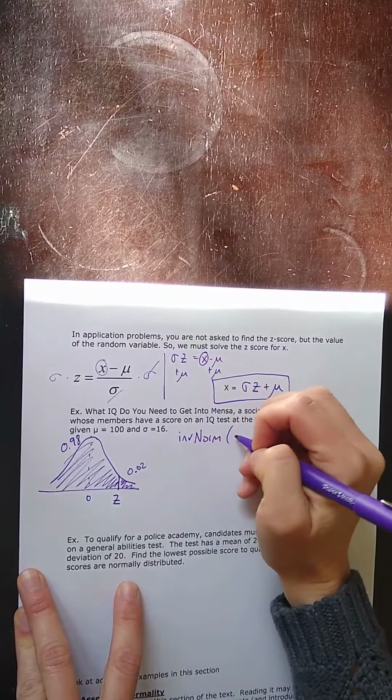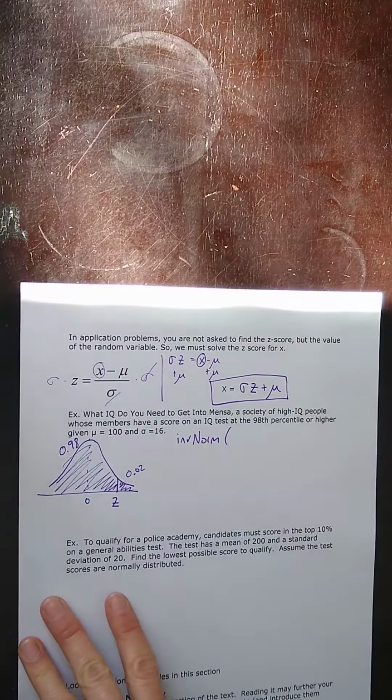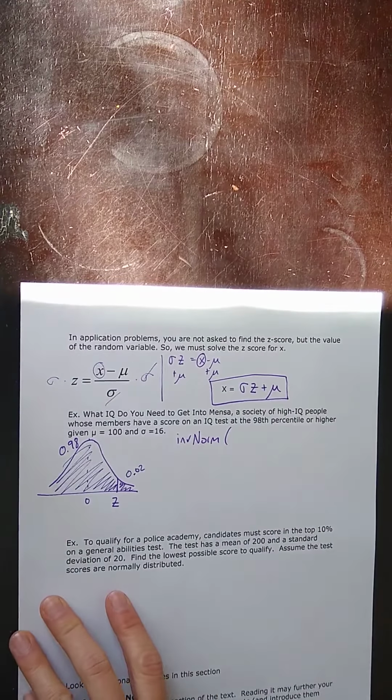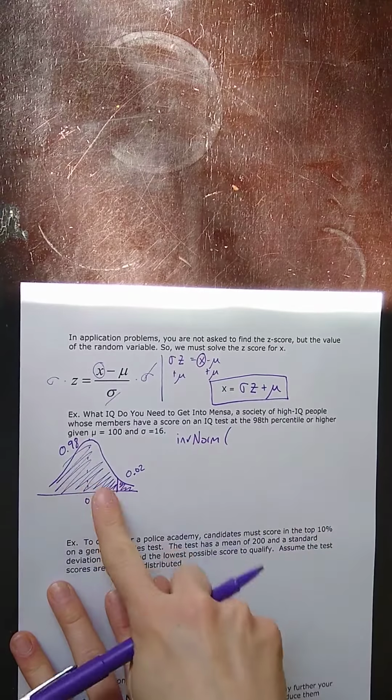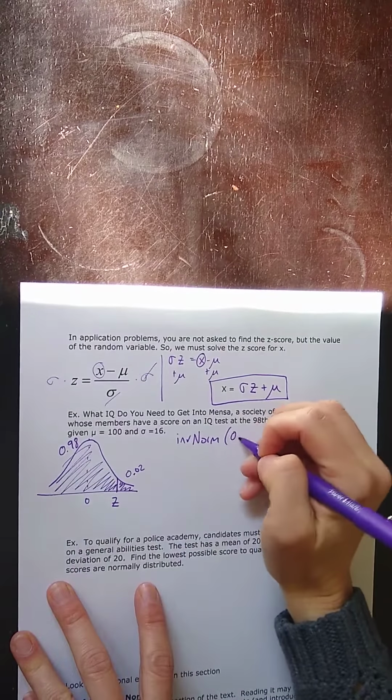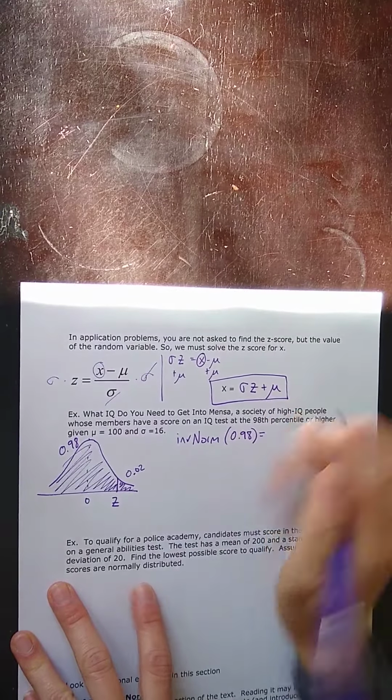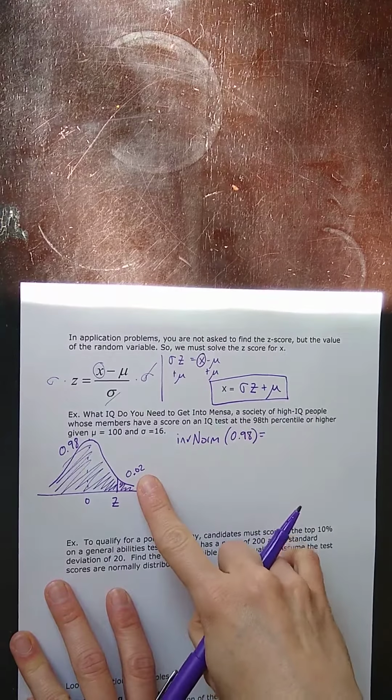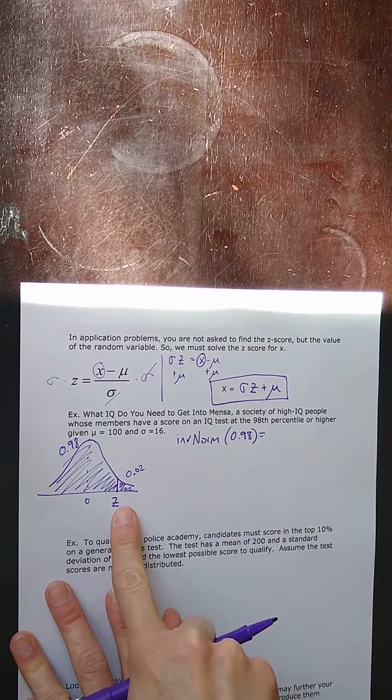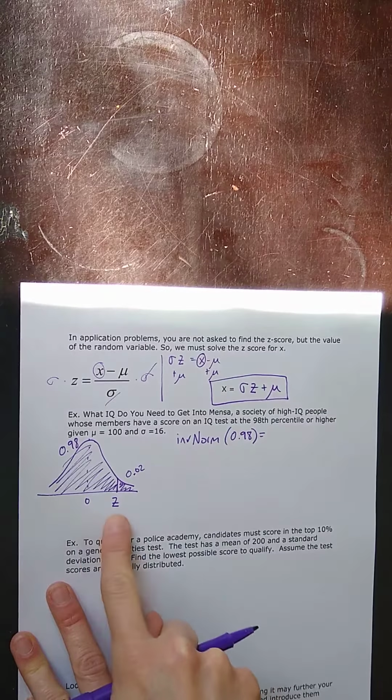So inverse norm of, you could really do either one. The correct way to do it is inverse norm of the 0.98. Or you could do inverse norm of the 0.02, but then it's going to give you the negative value, and you need to make it positive because your z is to the right of 0.